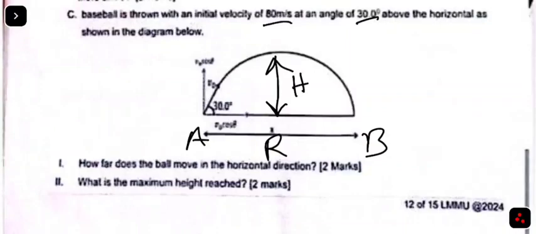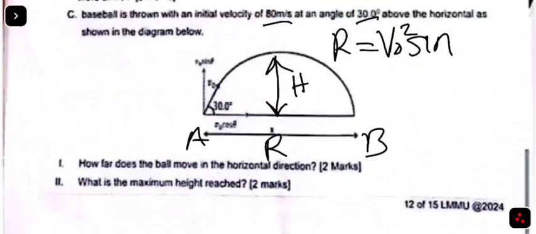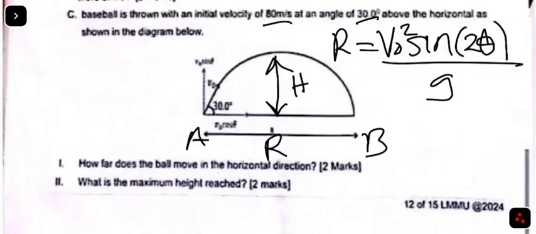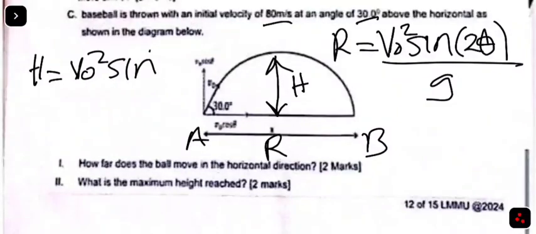Like I said, the formula for calculating the range is v naught squared sine 2 theta over g. Okay, then for the maximum height, h is equal to v naught squared sine squared theta over 2g.